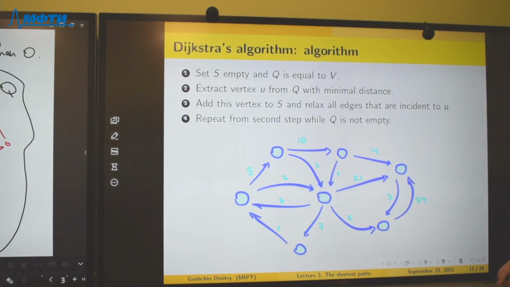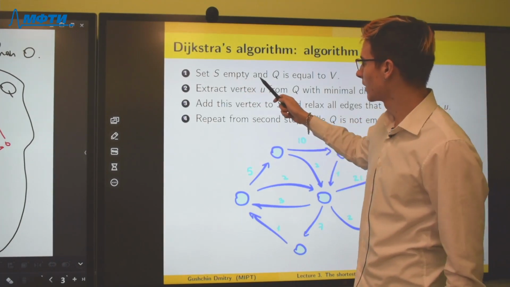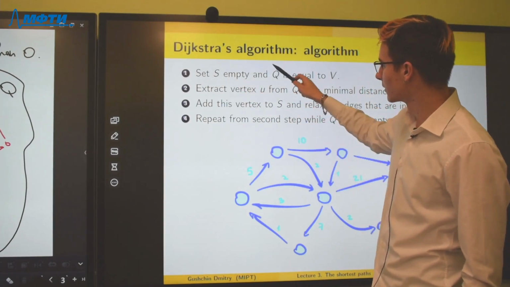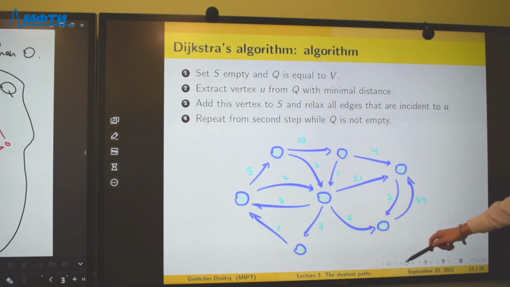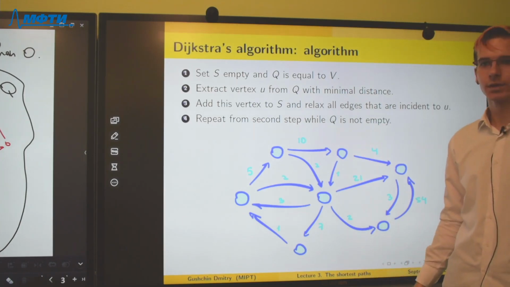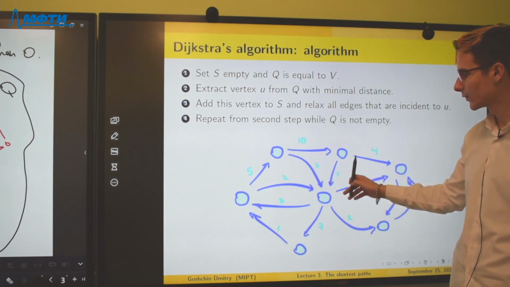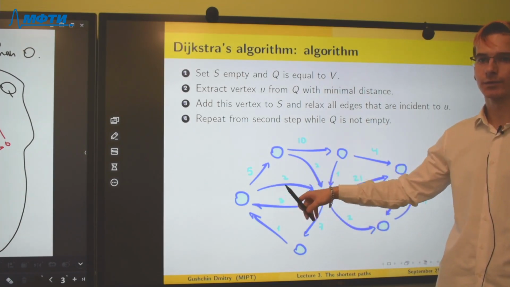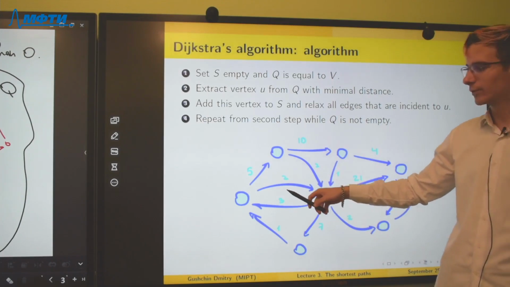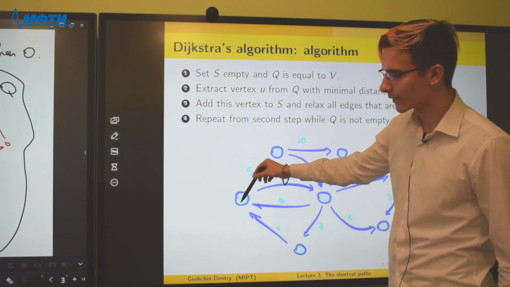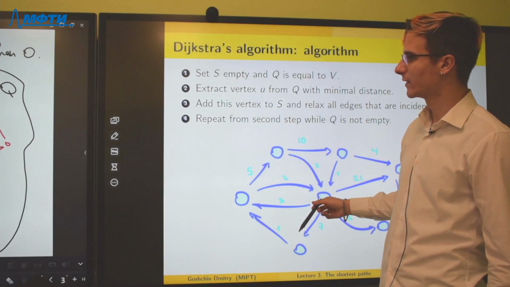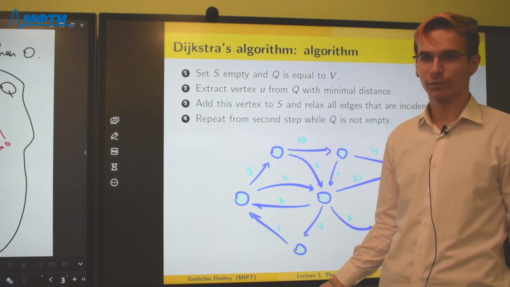Firstly, we say that we have set S empty and Q is equal to the set of the vertices. Then we, of course, initially say that the distance between any vertices and source is equal to infinity, and for the vertex S, we have distance equal to 0, of course.